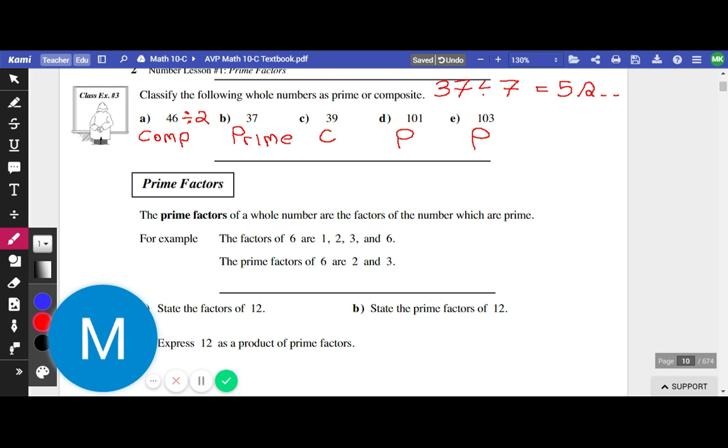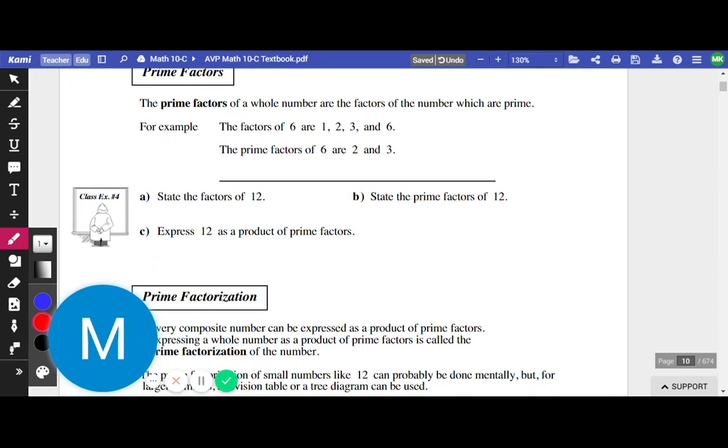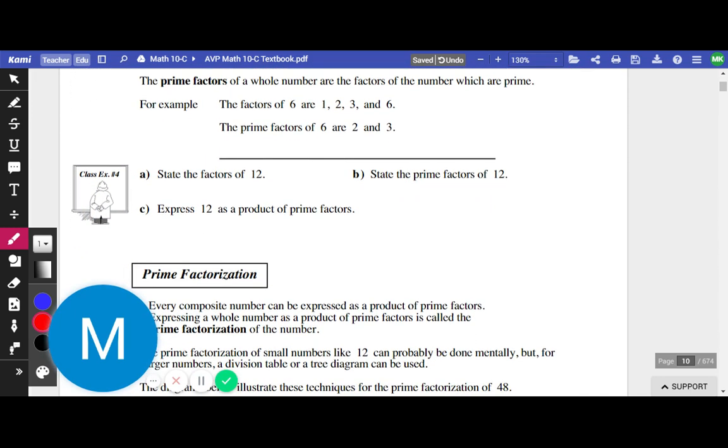Beautiful. Now we can mash our two ideas together. So we have factoring and we have prime numbers. So what we're going to do is look at numbers and discuss them as their prime factors. A prime factor means it's a prime number that could divide into something. So for instance, the number 6 has a lot of factors.